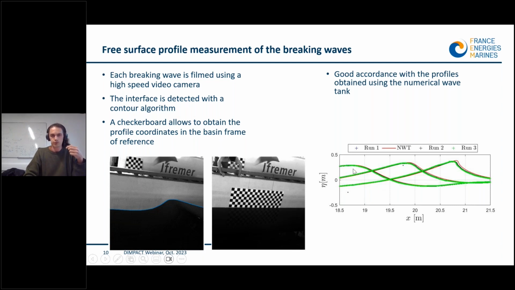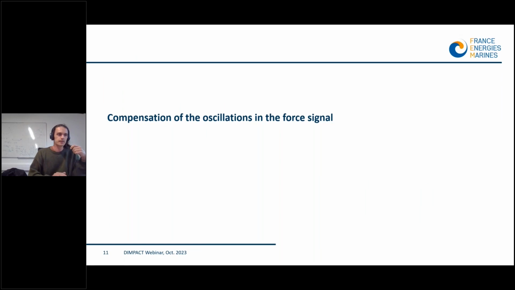What we see is that we have a very good repeatability from one to the other, and we have a rather good accordance between the experiments and the numerical wave tank. Now I'll briefly present the method that we developed to analyze the data and to compensate for the force oscillations in the force signal.